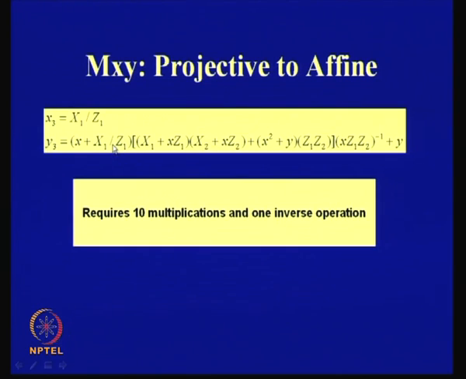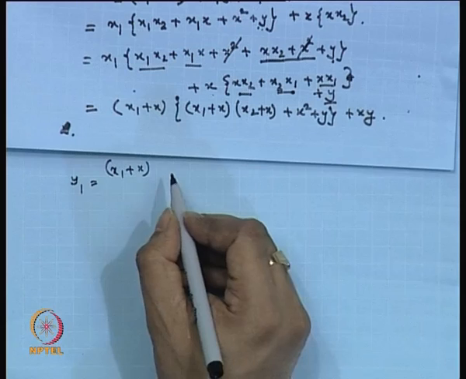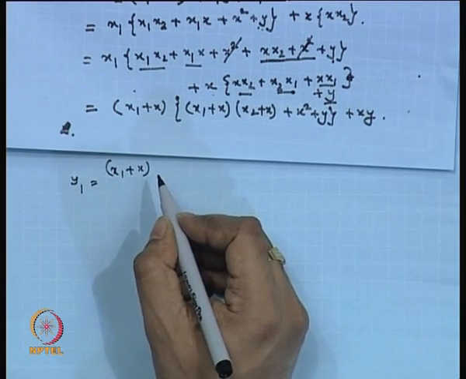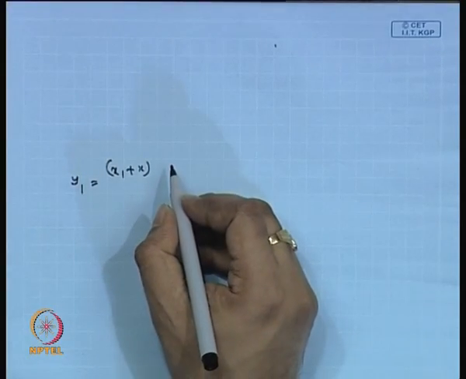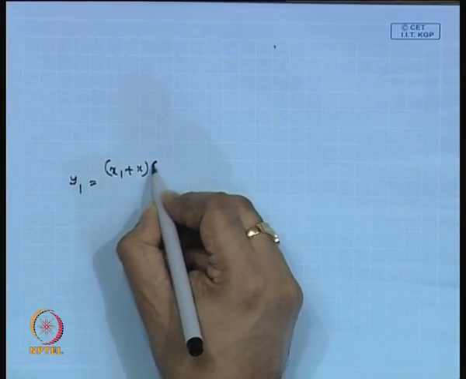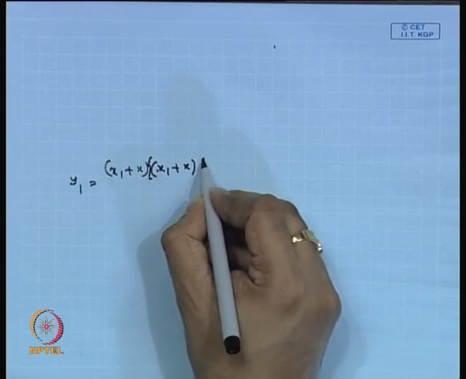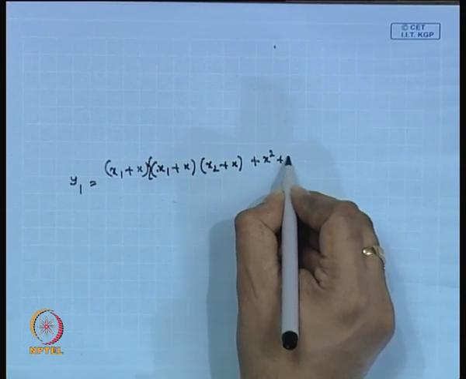You have basically this step, right. For example, you had y1 as x1 plus x into, so what you did there, if you see the y1 equation, was x1 plus x into x1 plus x into x2 plus x square plus y.